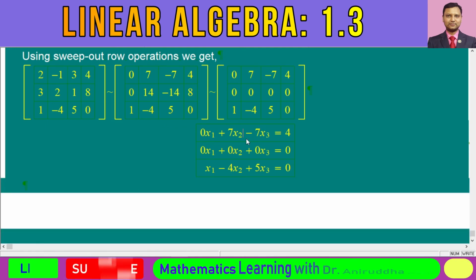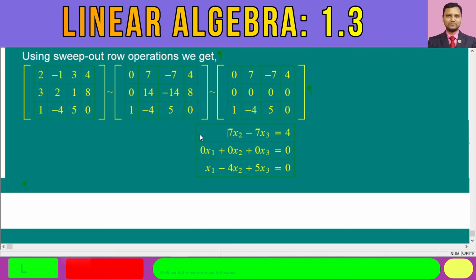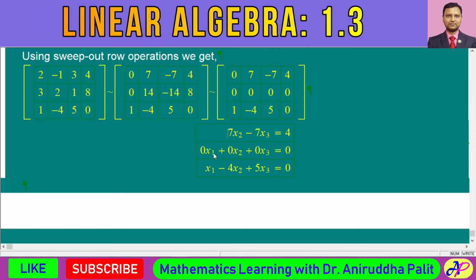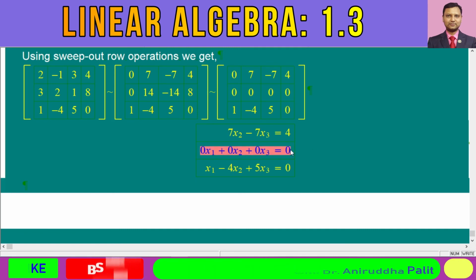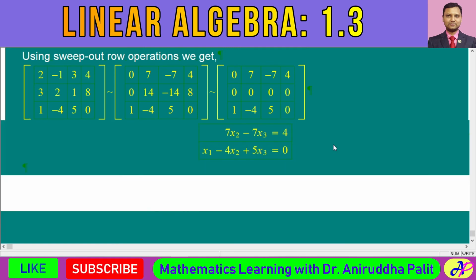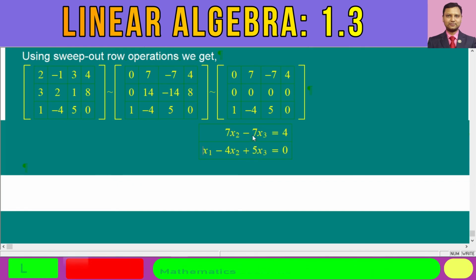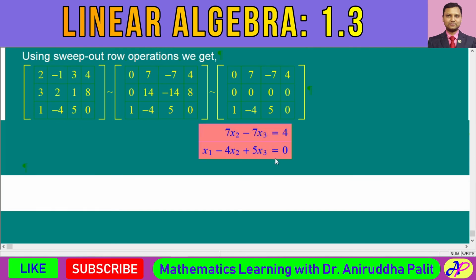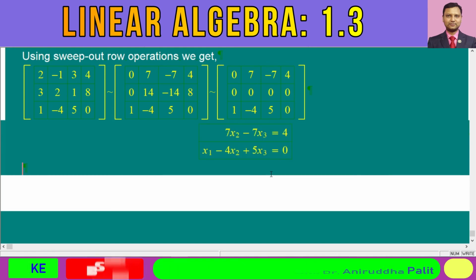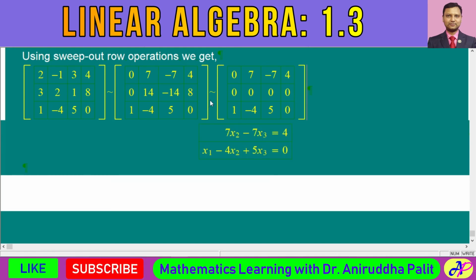Now let's make it simple. 7x2 minus this is useless, so let's delete this one, and so we have this kind of relation. From this we have two equations and 3 unknown quantities. Here you can further make one more manipulation if you want.